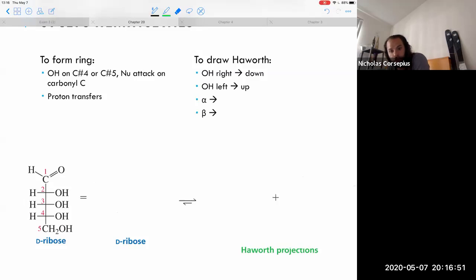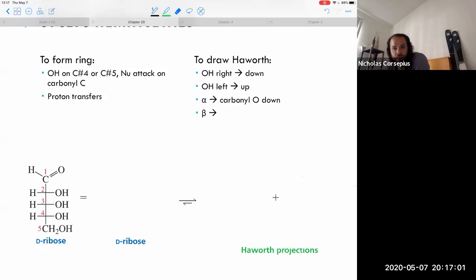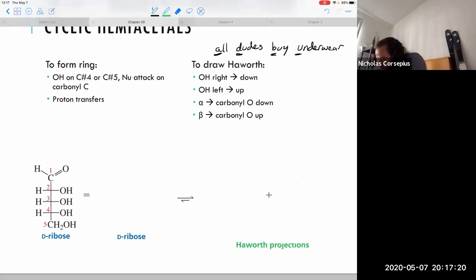Right, and if it's an alpha, the alpha stereoisomer, then it's going to be pointed up or down? Up. No, alpha's down. Unfortunately, I wish it was. Alpha is down. It would make more sense in my mind. But yeah, right. So that's why we have our dudes buy underwear. Alpha is down. Beta is up. Okay.